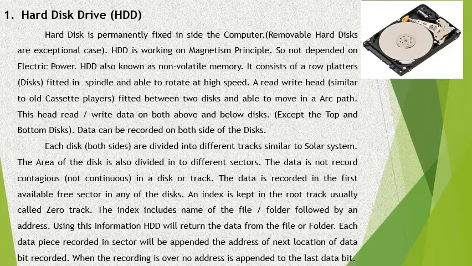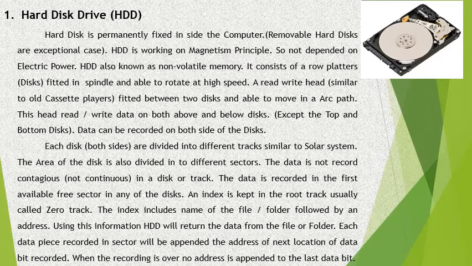The data is not recorded continuously in a disk or track. The data is recorded in the first available free sector in any of the disks. An index is kept in the root track, usually called zero track. The index includes the name of the file or folder followed by an address.